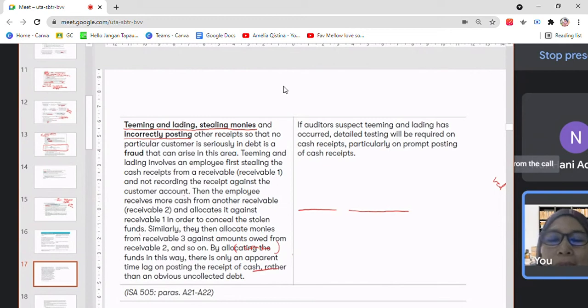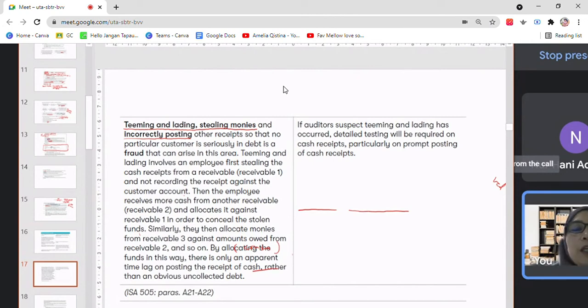Similarly, they then allocate money from receivable 3 against the amount owed from receivable 2, and so on. By allocating the funds in this way, there is only an apparent time lag on posting the receipt of cash rather than an obvious uncollected debt.